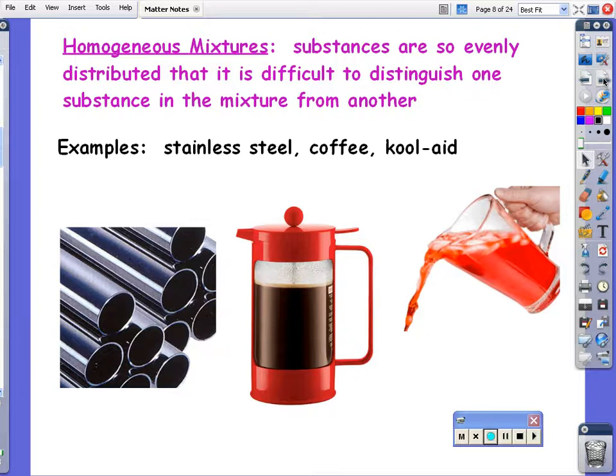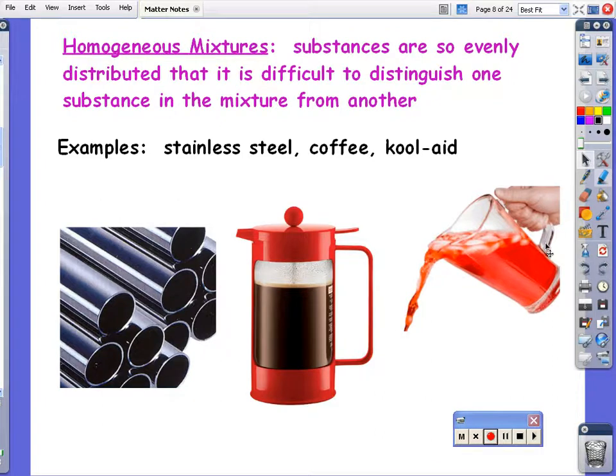Homogeneous mixtures. The substances are so evenly distributed that it's difficult to pick one out. A good example of this is Kool-Aid. I love Kool-Aid. It's delicious. It stains your mouth all the time.